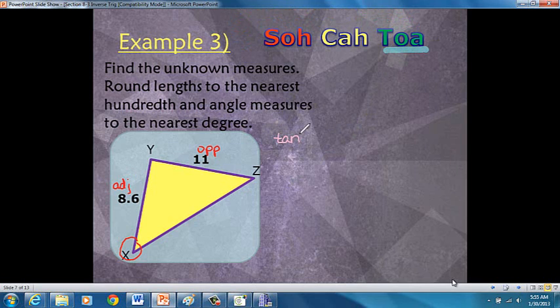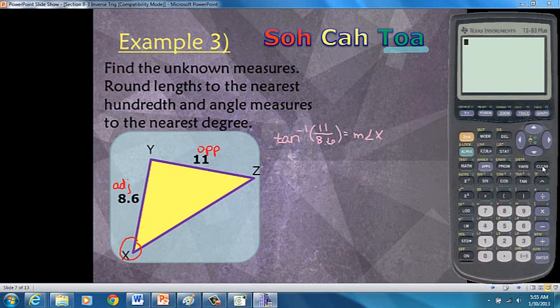So I want to know the angle whose tangent is 11 over 8.6, and that will give me the measure of angle x. Using my calculator, second tangent, 11 over 8.6, I find the angle measure is about 52 degrees.